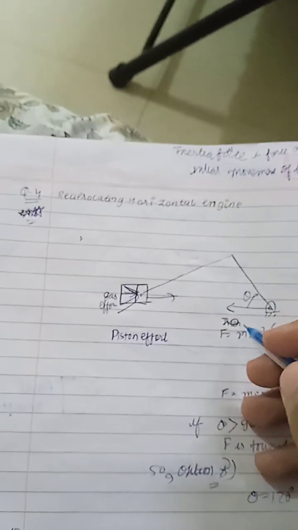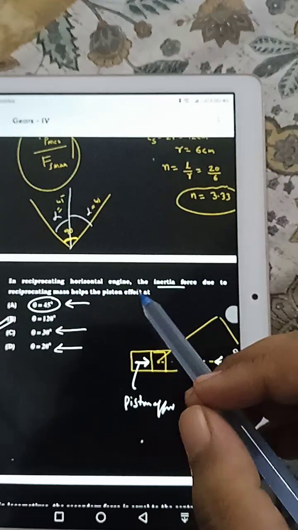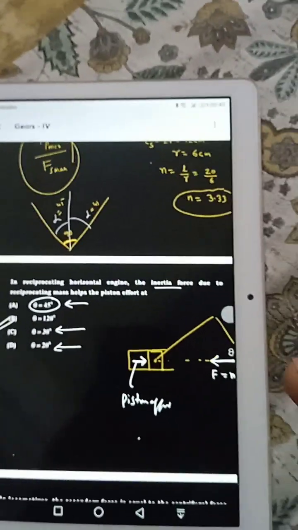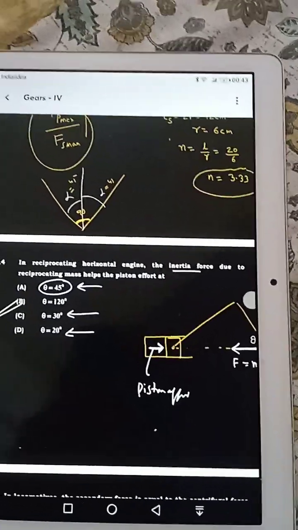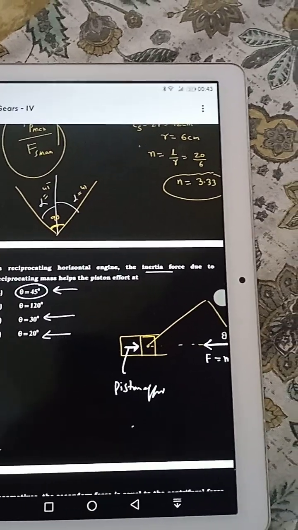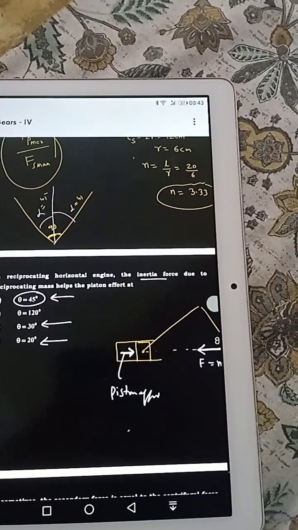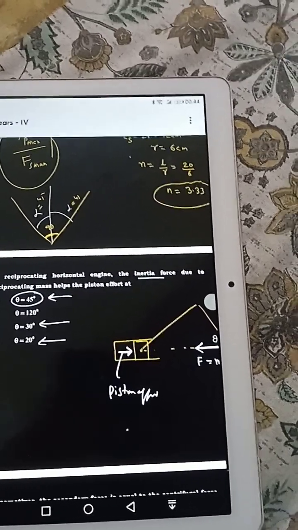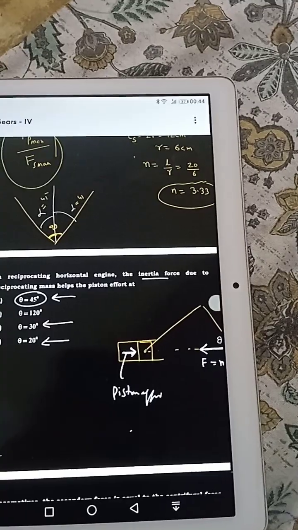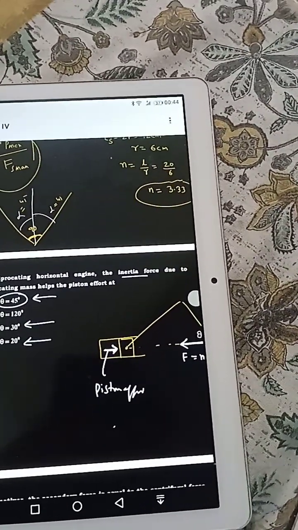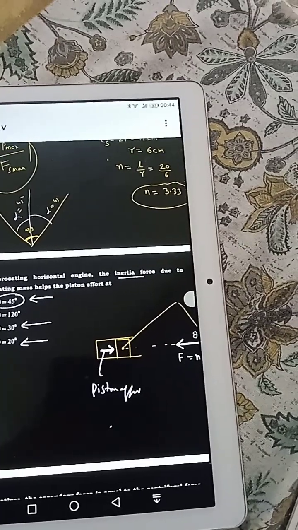And what he is telling, the inertia force due to reciprocating mass, it wants to say the unbalanced force, which was this.